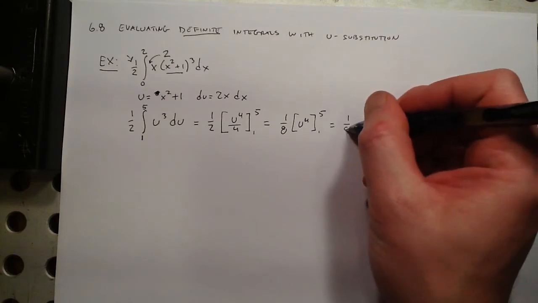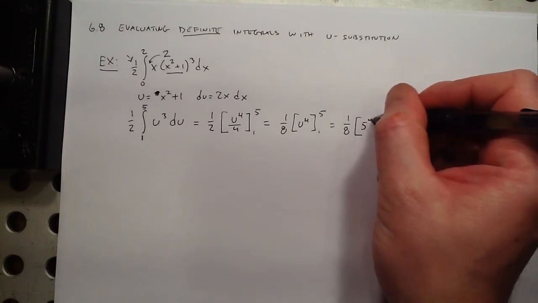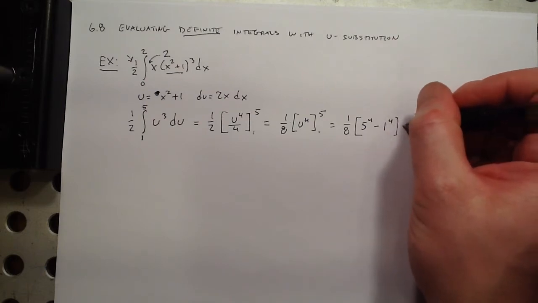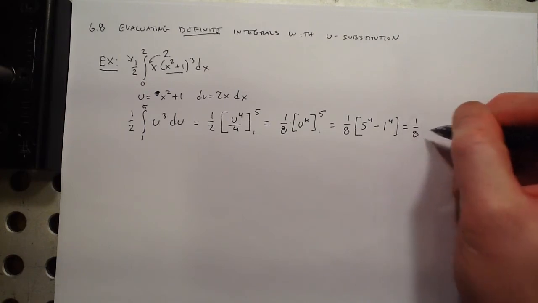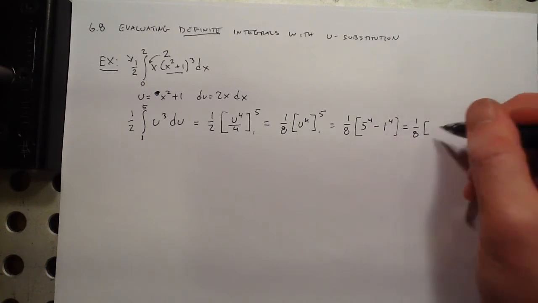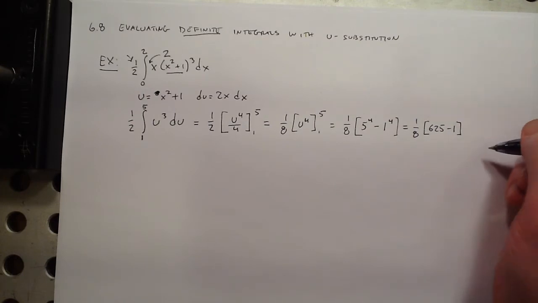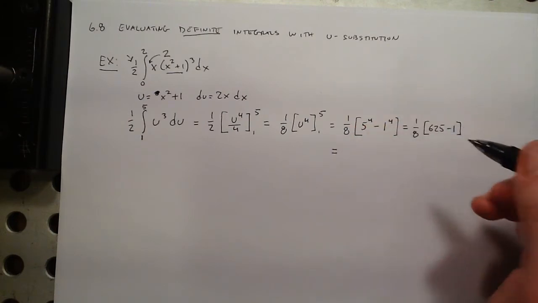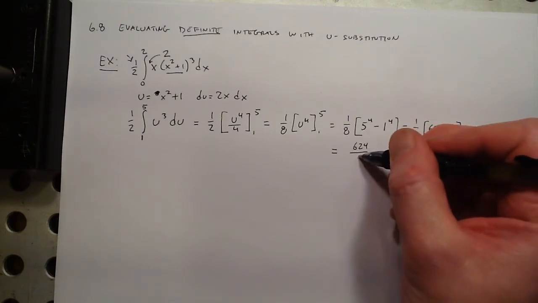So that's 1/8 times 5 to the 4th minus 1 to the 4th. 1/8 times 5 to the 4th, 625, as you know, I'm sure, minus 1. And it looks like I'm running out of room on the screen there, so I'll go down here. So that's 624 over 8.